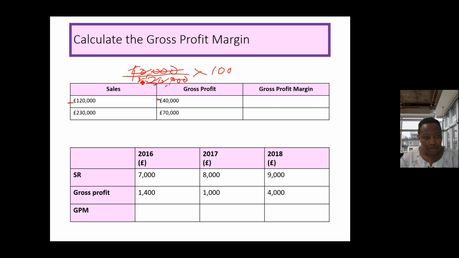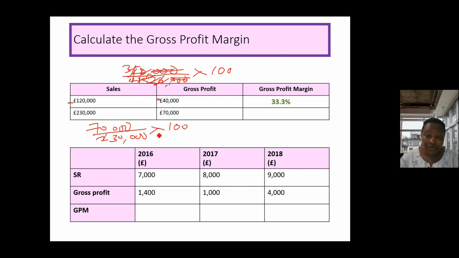So if you do your calculations with your calculator, you would have 33.3%. You do the same for the second one as well. You have your 70,000. You divide by your sales, which is 230,000, and you multiply by 100.